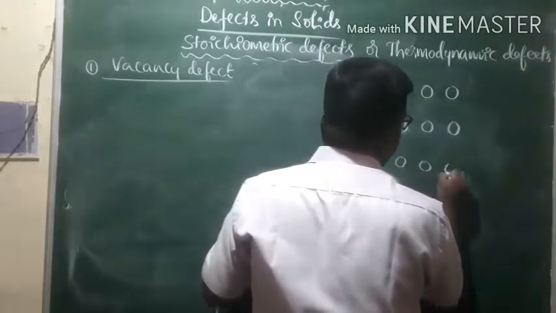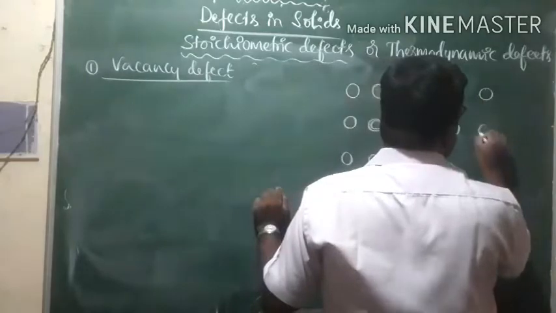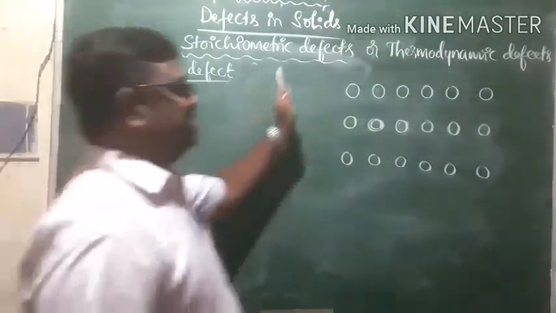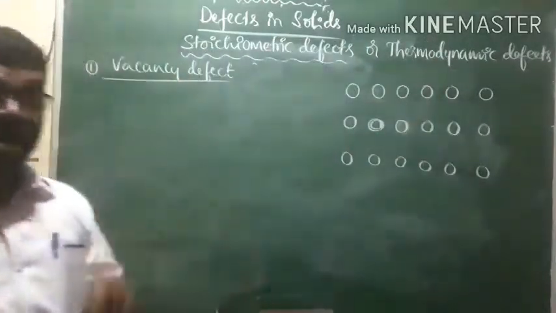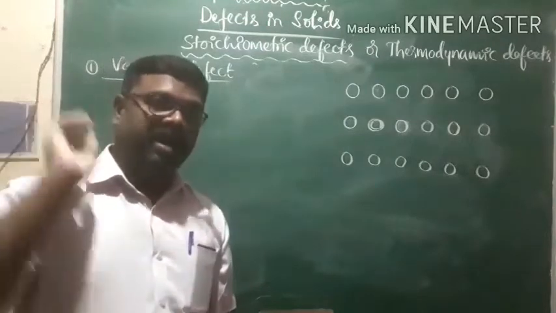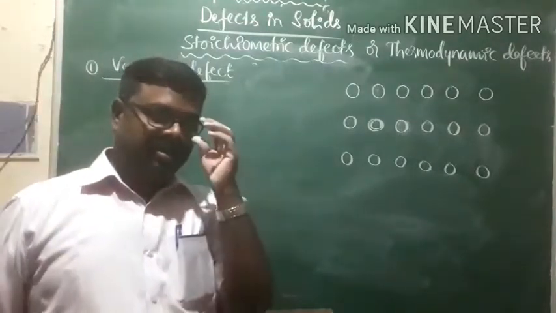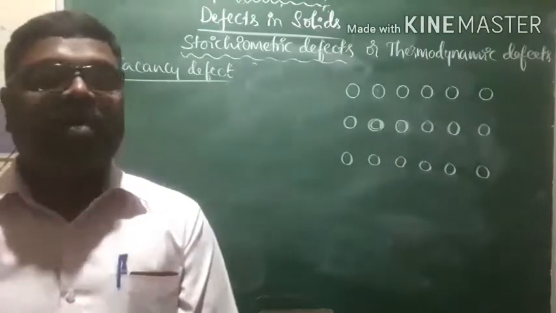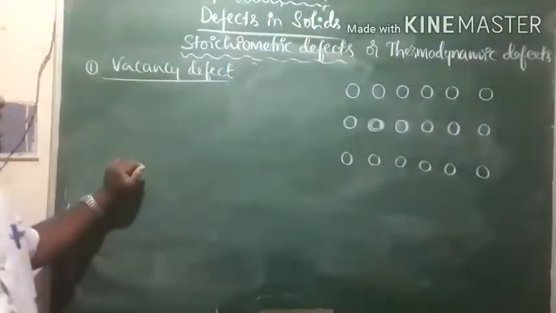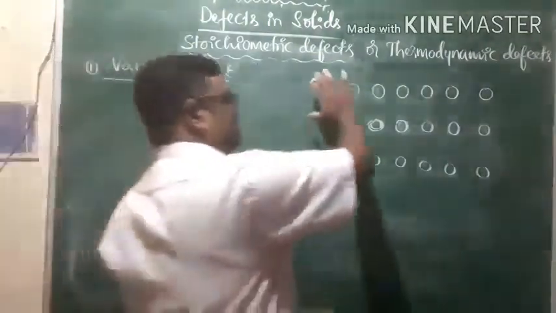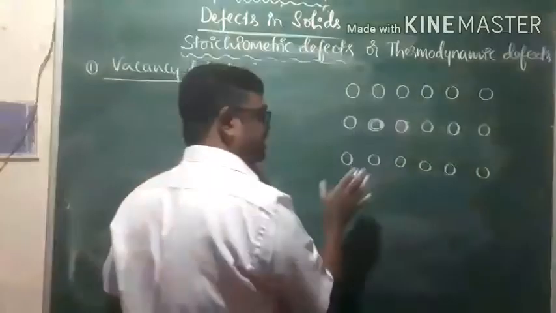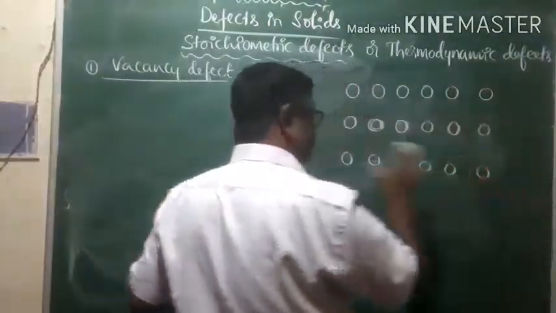Lattice points are occupied by non-ionic particles, maybe atoms or molecules. The constituent particles are atoms or molecules, which are neutral particles. Imagine this is one ideal arrangement of the particles in a crystal, and we don't find any defects here. There is an orderly arrangement of the constituent particles.